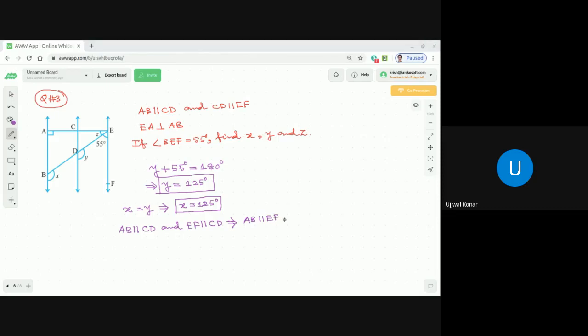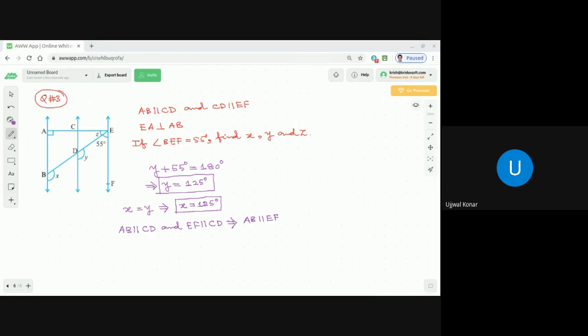Now, if AB is parallel to EF, then angle EAB plus angle FEA should constitute 180 degrees. Why?